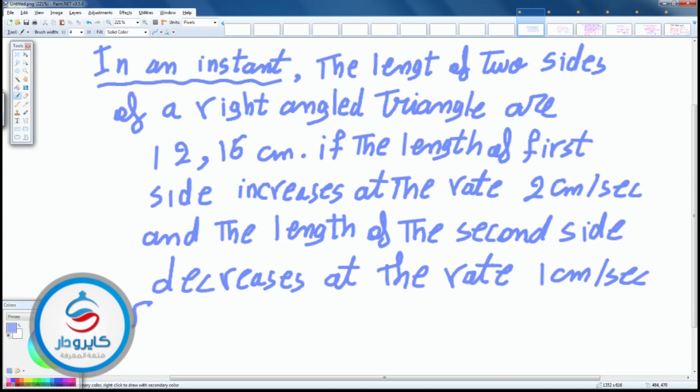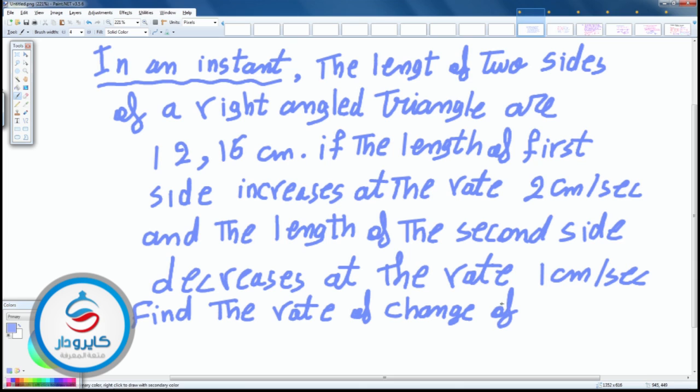Find the rate of change of what? Of its surface area.